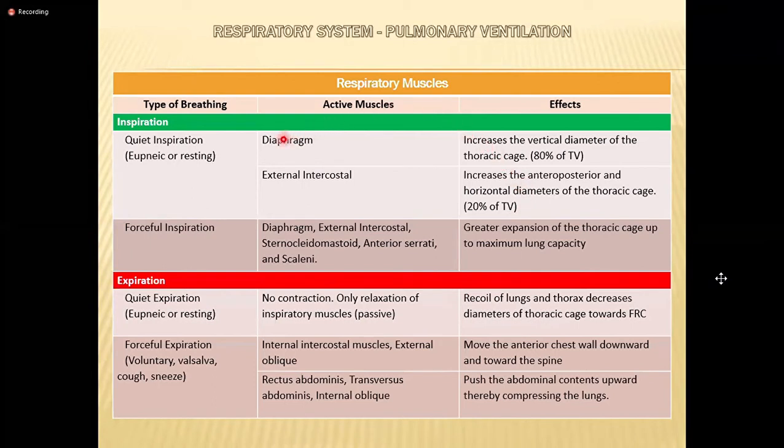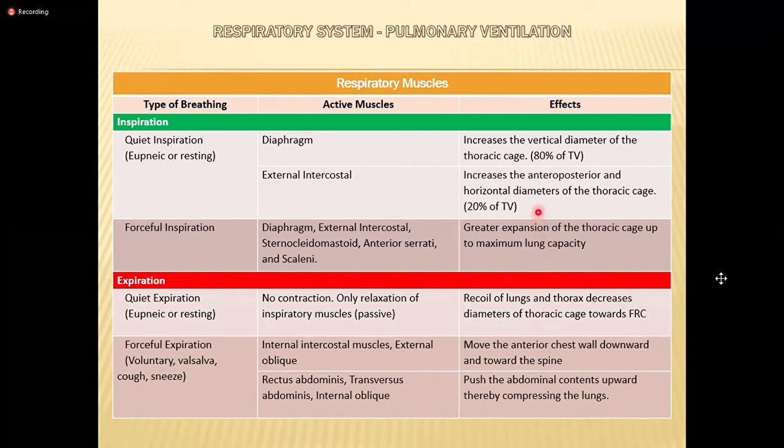When there is forceful inspiration, should we say during exercise, or when you go running, so you have to inspire forcefully. What are the muscles involved? Diaphragm, external intercostals, your sternocleidomastoid, your anterior serrati, and scalene muscles, for greater expansion of the thoracic cage up to its maximum lung capacity.